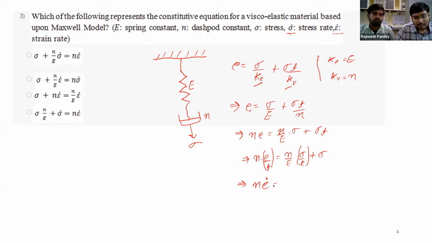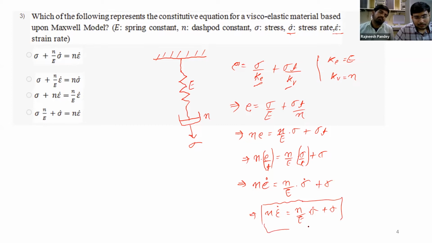So this will be eta epsilon dot is equal to eta upon E into sigma dot plus sigma, or in terms of true strain, we can write it as eta epsilon dot is nothing but eta over E sigma dot plus sigma. So this is the relation. So here if we see, option 1 is the correct option for this question.